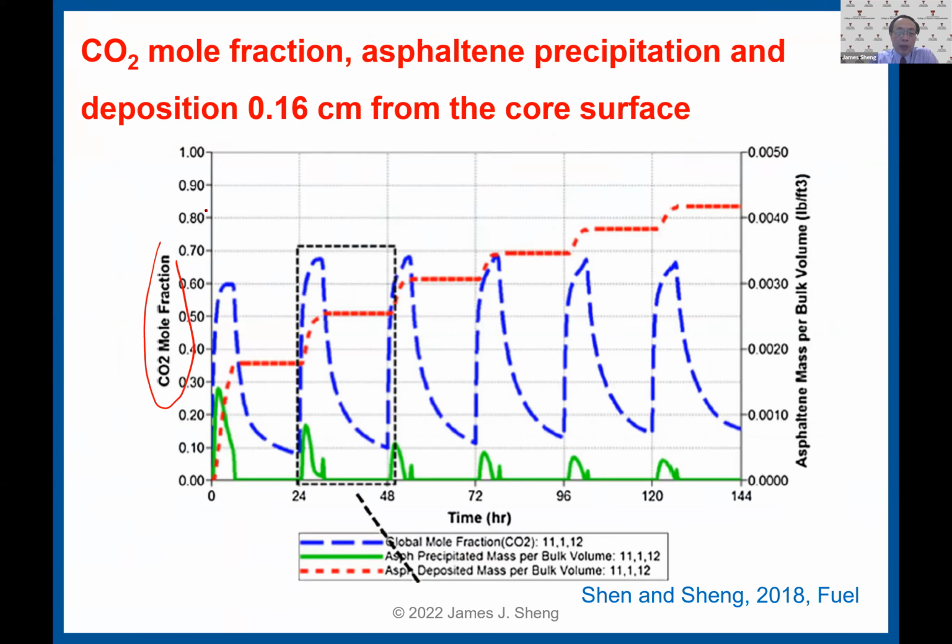Now if you look at this detailed data, the blue one represents CO2 concentration, and the green one represents S14 deposition. You can see during the injection period, blue CO2 increases, and then S14 deposition increases.